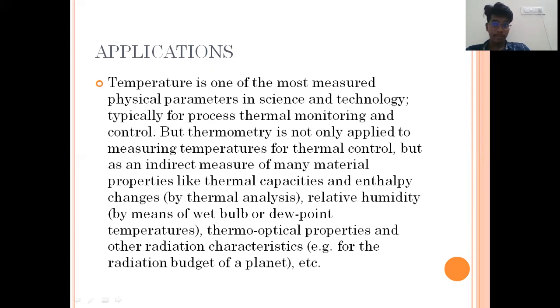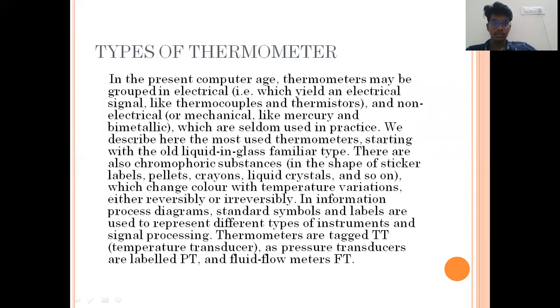Temperature plays a major role in day-to-day life, in measuring physical parameters for scientific purposes, and thermal monitoring is also an important thing to consider while doing thermometry with temperature.